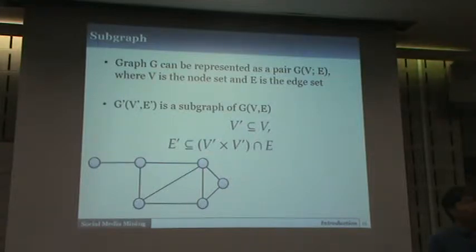Subgraph is a very important task in graph theory. Why? When you search for something, I try to search for this subgraph from the big graph, which means you can find a similar pattern.